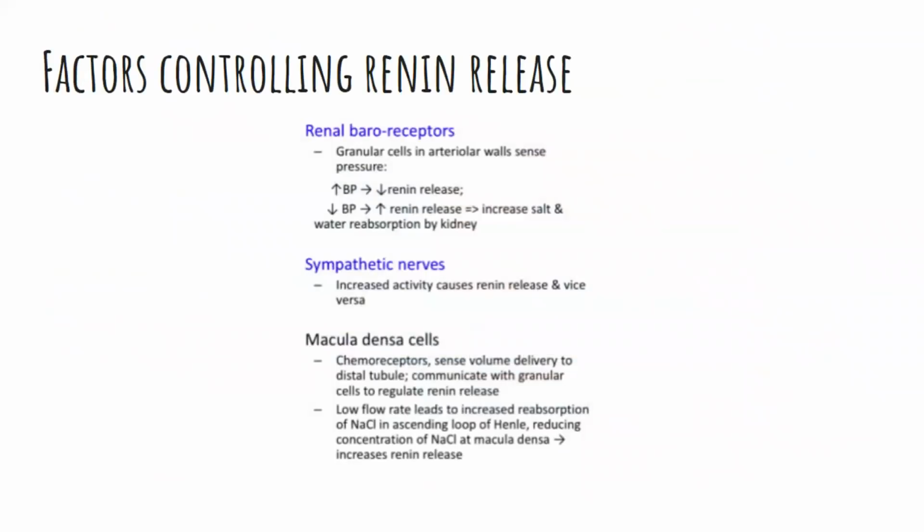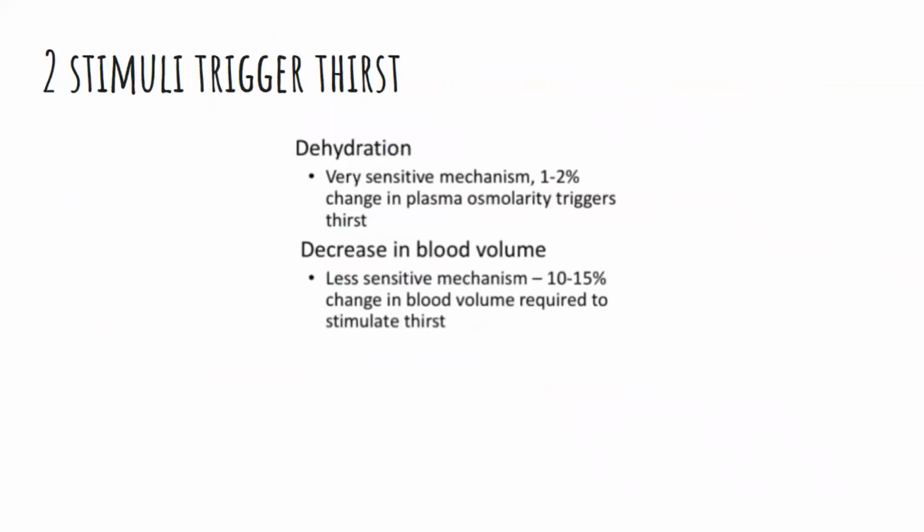Okay. So factors controlling your renin release. Again, you've got your renal baroreceptors, which work on your blood pressure. And then you've also got your sympathetic nerves, which will increase the release of renin. Now you've got two stimuli that control thirst, which is important: dehydration and a decrease in blood volume.